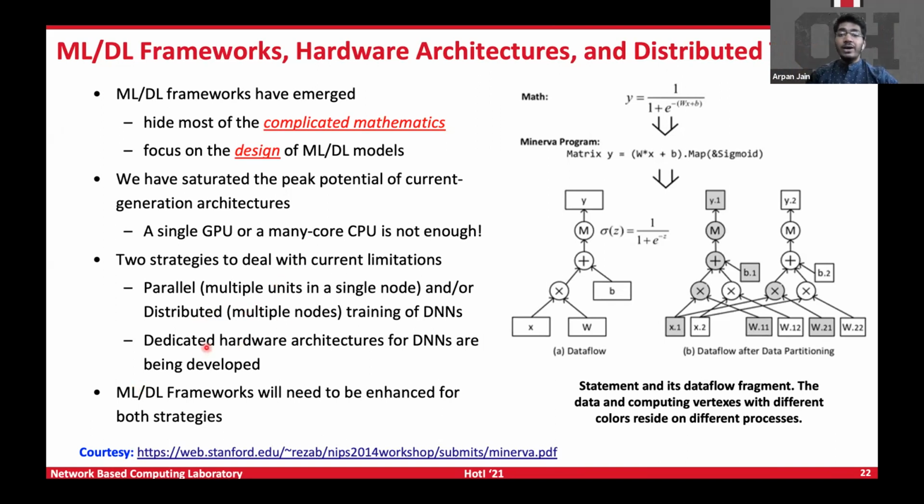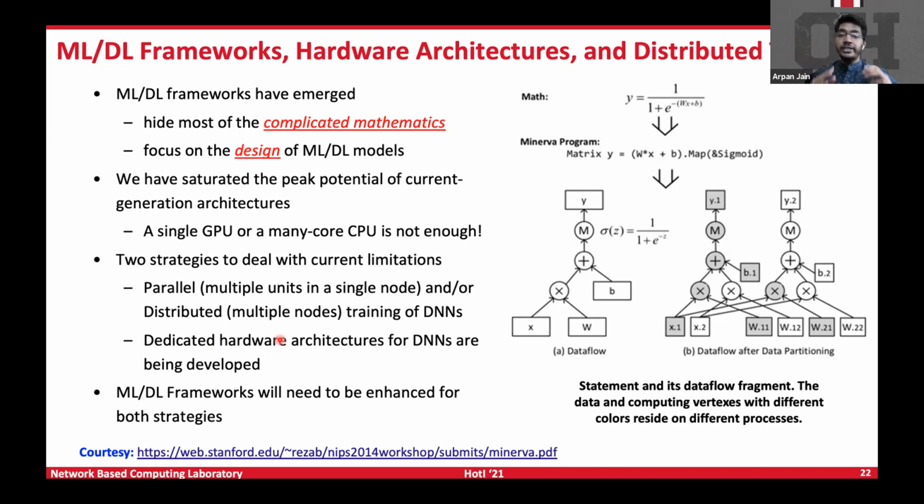One thing that is common with both of these strategies is that you have to modify the deep learning framework. For instance, if you have developed a very fast, very efficient and optimized architecture for DNN training, and your software or deep learning framework is not using those features, then you will not get the best performance.